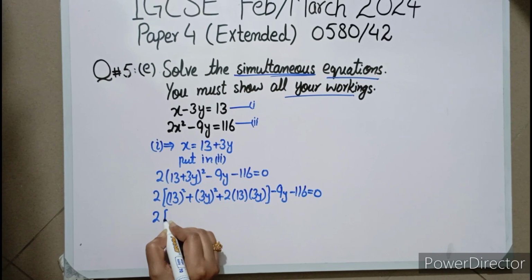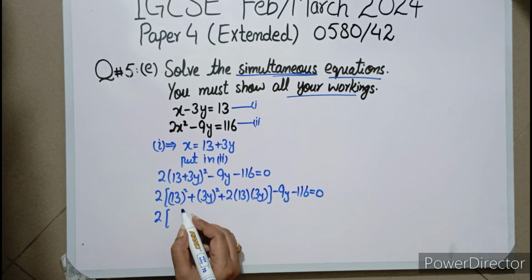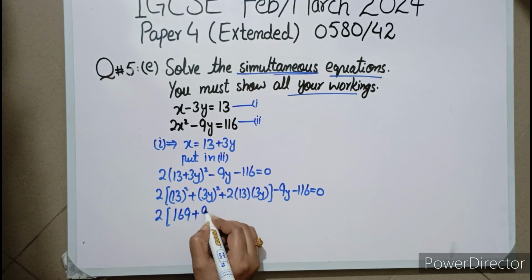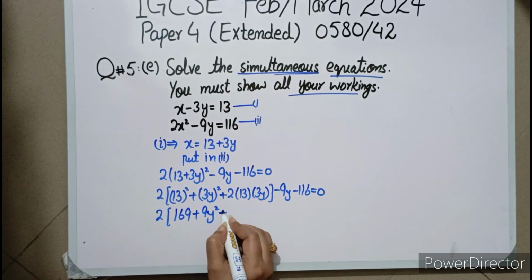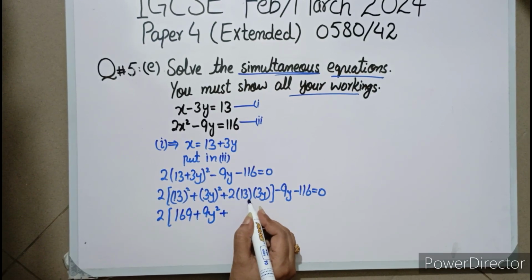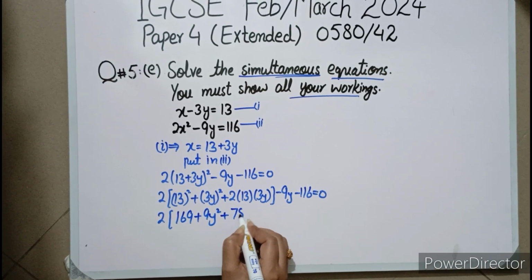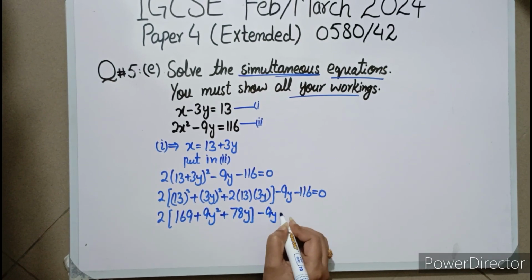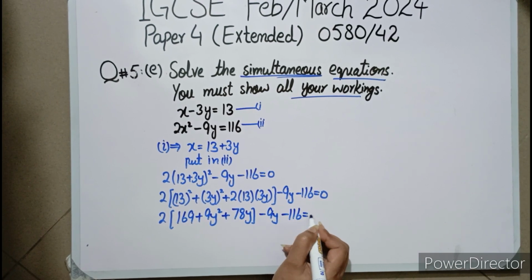Simplify further. 13 squared will be computed as 169 plus 9y squared. When you multiply all these three terms, you will get 78y minus 9y minus 116 equals 0.